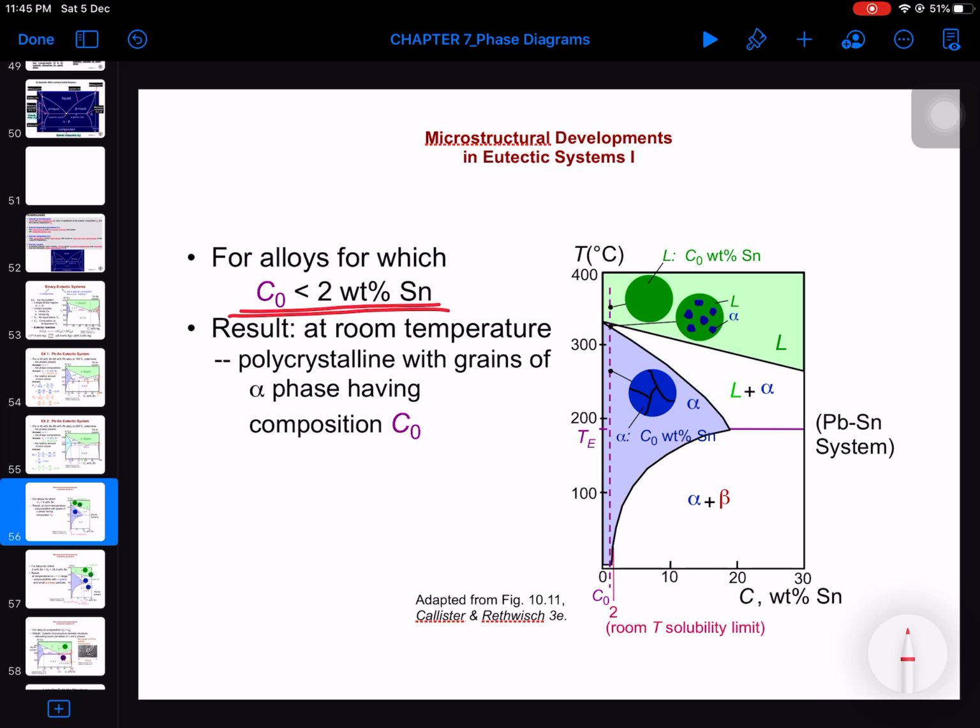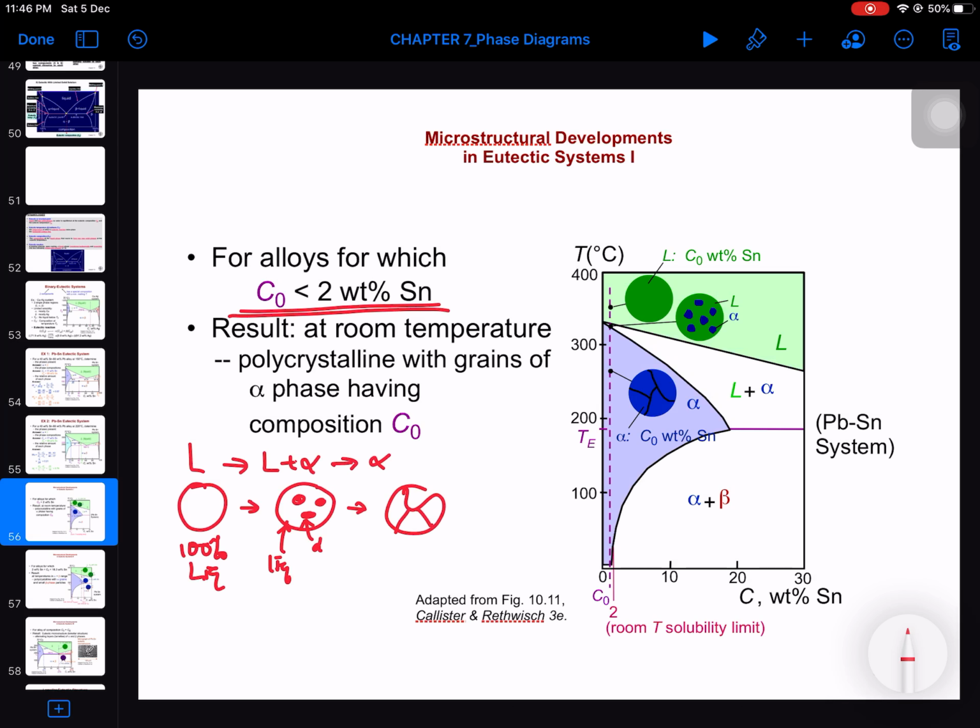It goes from liquid, through liquid plus alpha, to alpha. When it's all liquid, we just draw it like that because it's 100% liquid. Then it goes to liquid plus alpha, so there will be some solidification of alpha taking place. This is alpha and the rest is still liquid. And then upon completion of solidification, everything will become alpha.